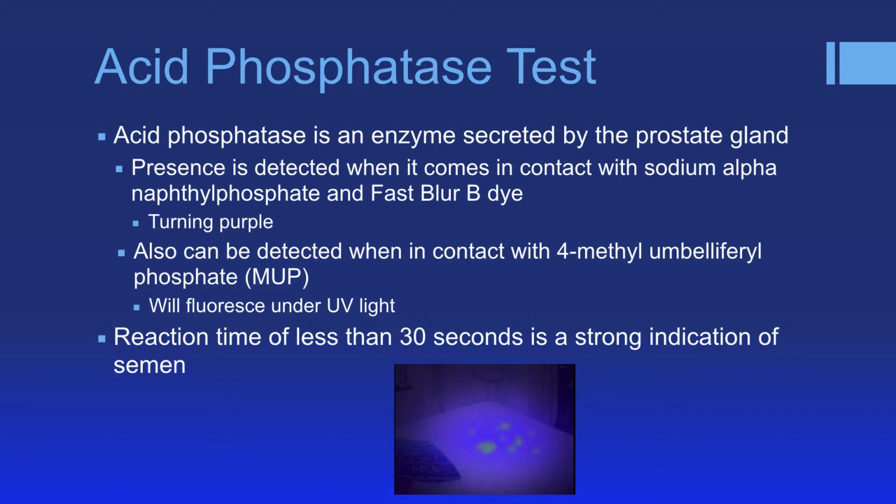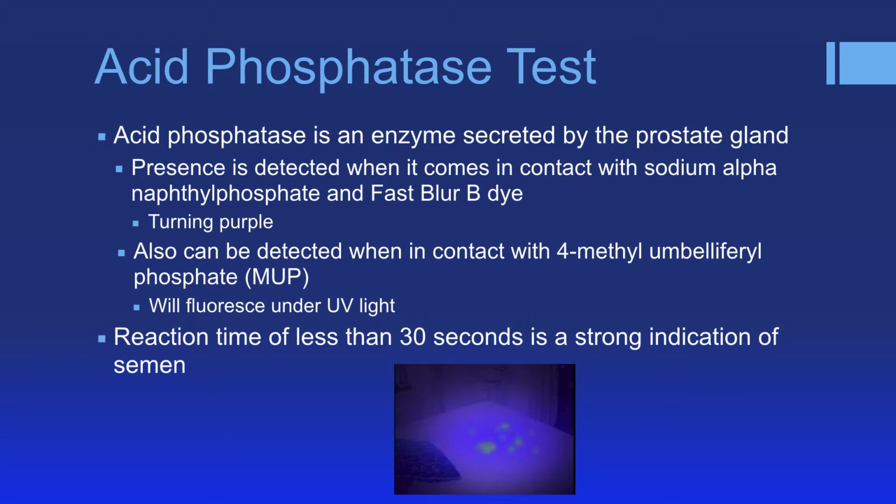The sodium alpha naphthyl phosphate is an acid solution, and when combined with the Fast Blue B dye, it emits a purple color.